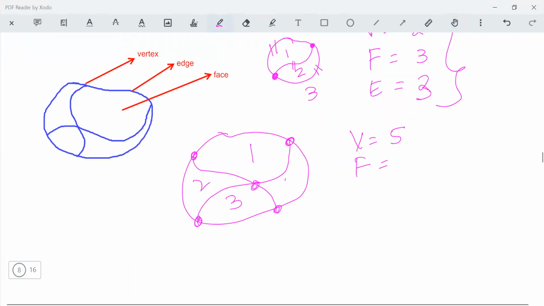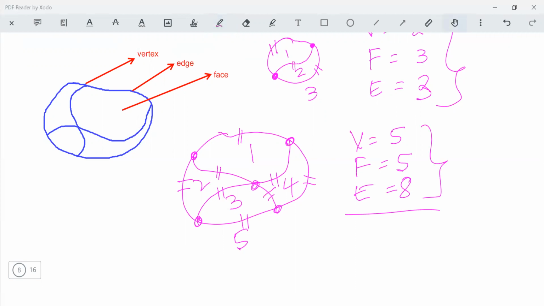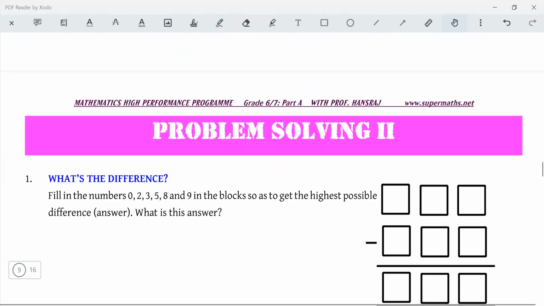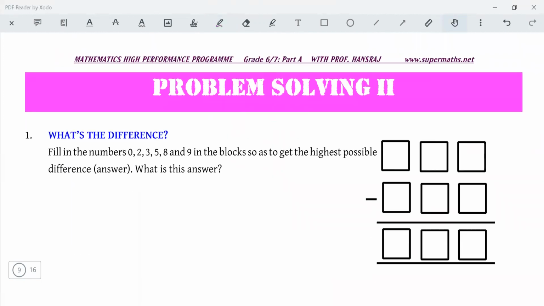Those are the spaces, the different regions. And the outside one is the full space. We call that the fifth one. And lastly, how many edges are there altogether? Let's count up. 1, 2, 3, 4, 5, 6, 7, 8. So, is there a formula linking the vertices, faces, and edges? Well, who knows? We'll come across that in the lecture.